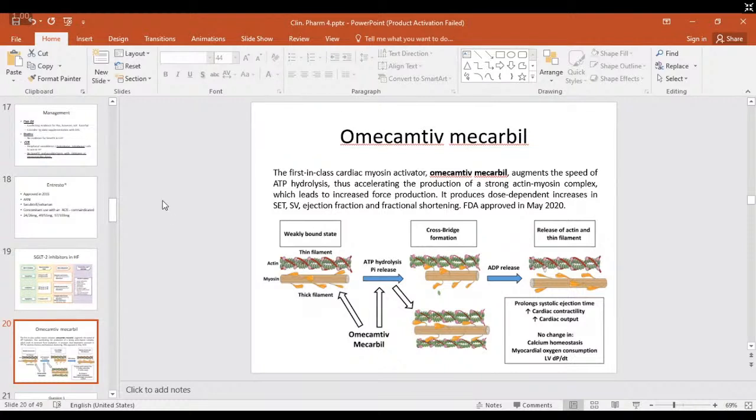This is actually a cardiac myosin activator, and the myosins are involved in the contraction of the muscle cells, and this leads to an increased contractility of the heart muscle, which means that omecamtiv mecarbil is similar to digoxin in that it has a positive inotropic effect.